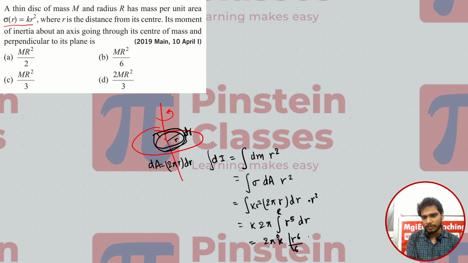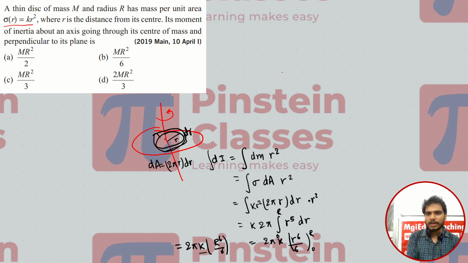So it will be 2 pi k r to the power 4 upon 4. Now we have to find out the value of k, and then we will get the answer.